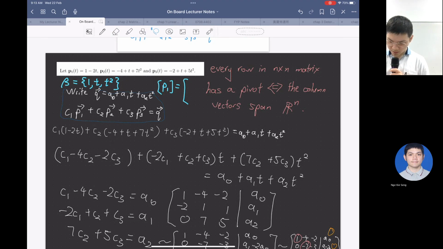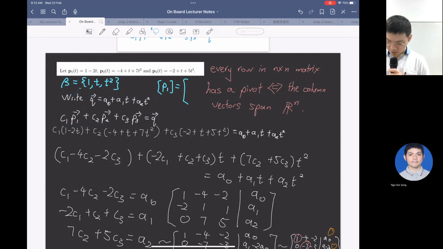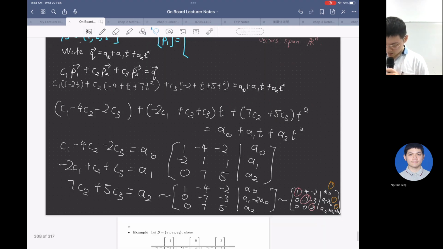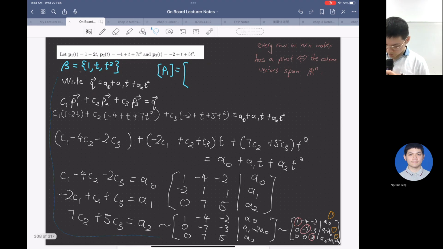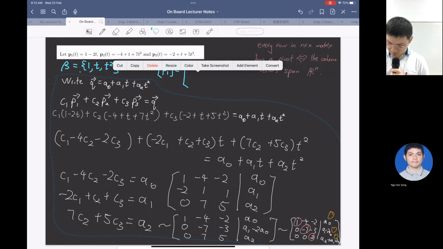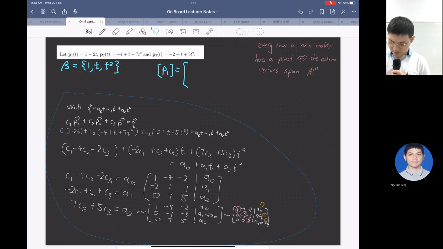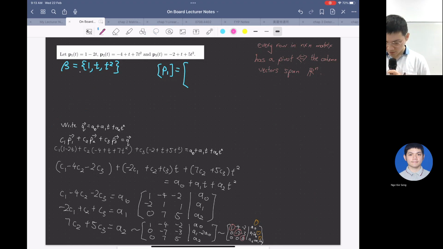Let me make things smaller and make some space; later we're going to use it again. So this is what we did yesterday.